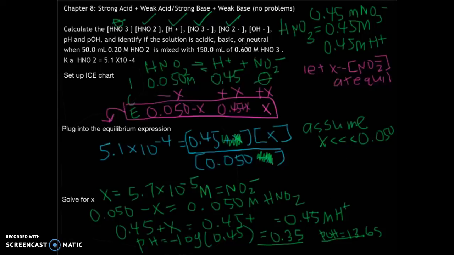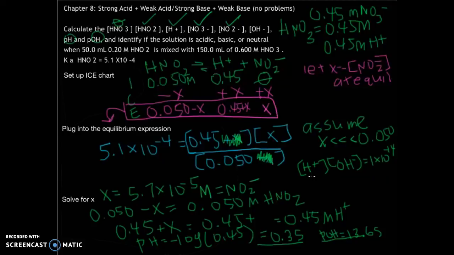Okay, so I got pH, I got pOH. Now I need to get the OH minus. So the easiest way to do this, in my opinion, is the K equation. H plus times OH minus is 1 times 10 to the negative 14.